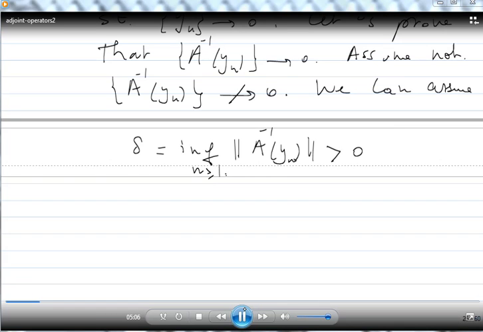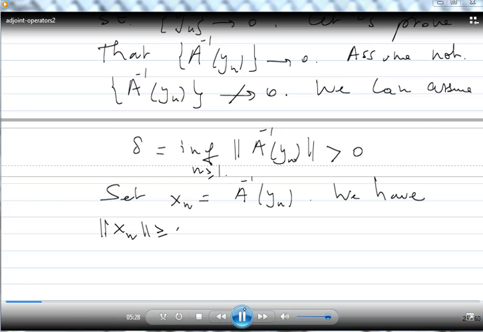Great. So now set xn equal A inverse of yn. So we have the norm of xn greater than delta, and the norm of A of xn, which is yn, goes to 0.